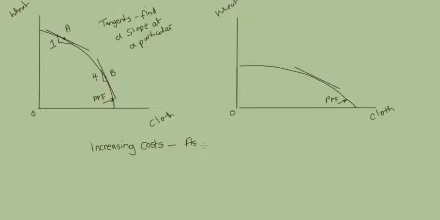So as production rises, so does cost. And the usual explanation for this, and you may remember this from Principles of Microeconomics, is that we live in a world of specialized factors. And a factor can be specialized in the cloth industry, it could be a particular type of labor that's good at working with cloth, or it could be that there's a certain type of land that's better for growing cotton or something like that.